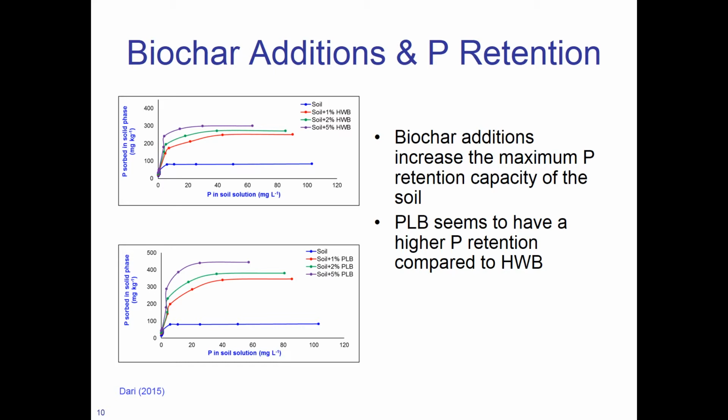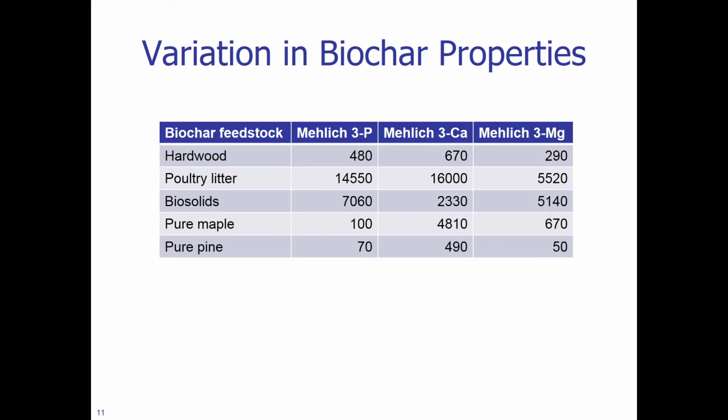Here it appears that biochar is holding on to the phosphorus. Now, we had looked at the differences in hardwood and poultry litter biochar and how it affected P retention and release. And here are just a couple more examples, that is of biosolids.